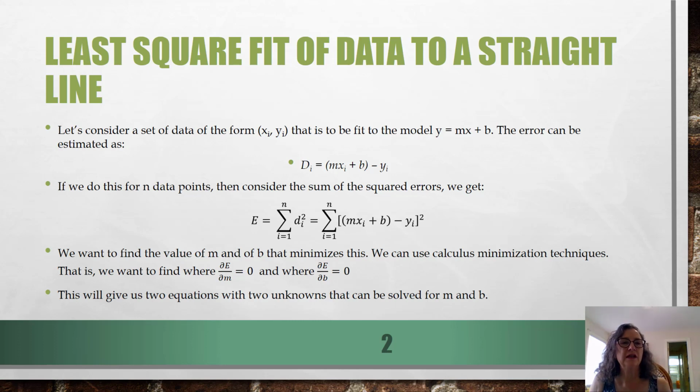So first thing is the least squares fit of data to a straight line is the formula that we've derived, but you need to know the procedure because it's going to be very useful in fitting other types of curves.